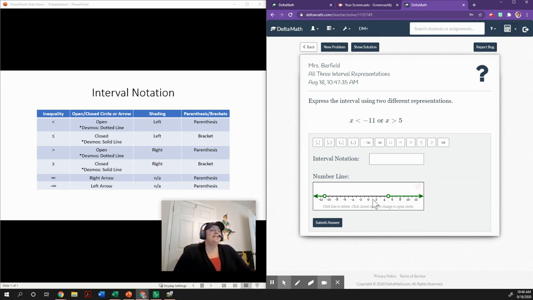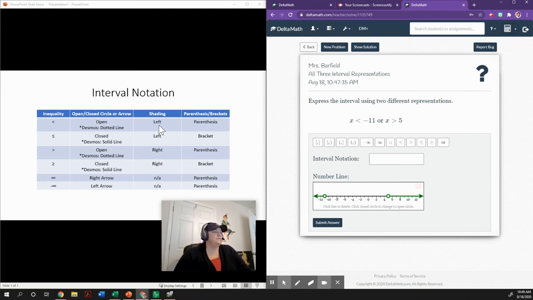Okay, so now that I have my picture, because some of you might find the picture easier to convert into interval notation. Whatever works for you. This is all about making life easier for you because when I put this on Desmos, I want you to be sure on how to read the picture. Okay, so this is -infinity and -11.